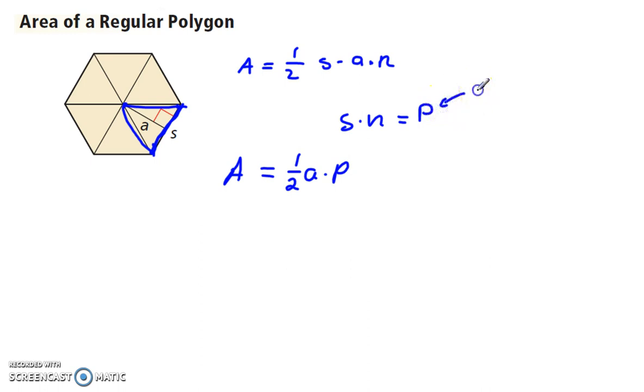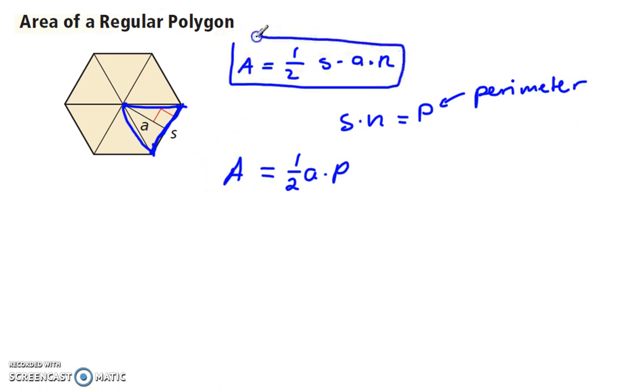This is the perimeter. So there are 2 formulas for you. You can use either one depending on what you know or what you're looking for.